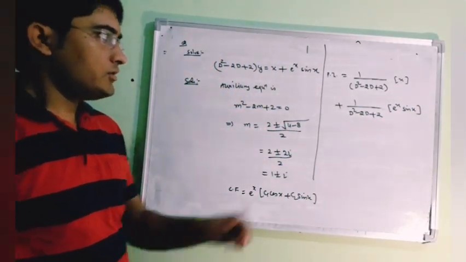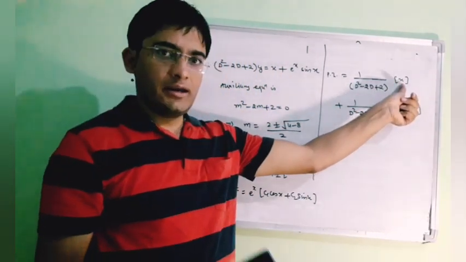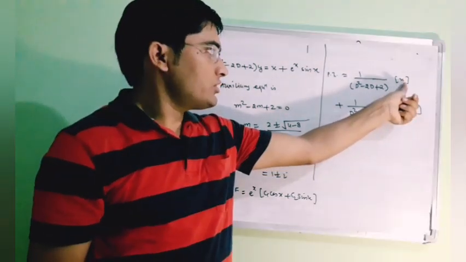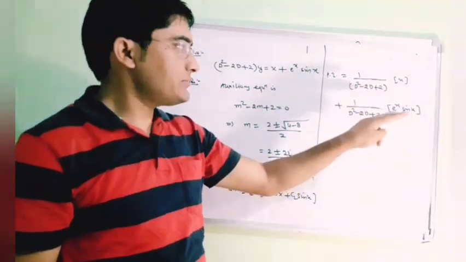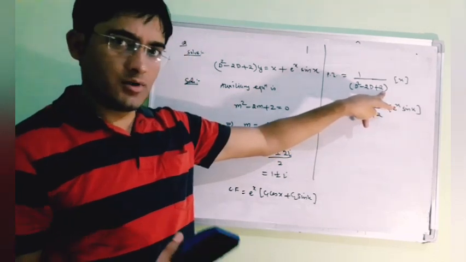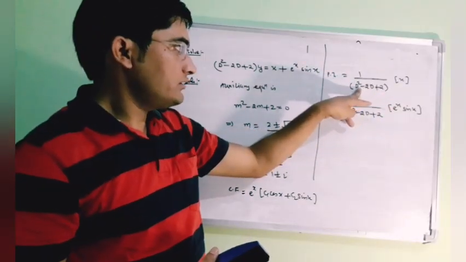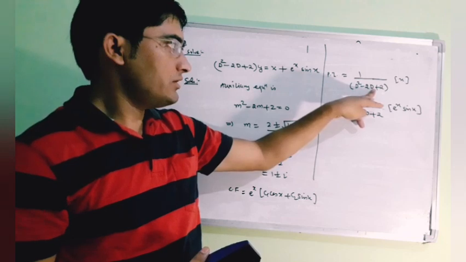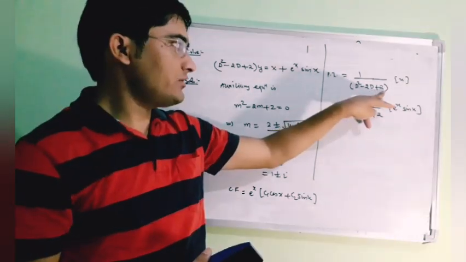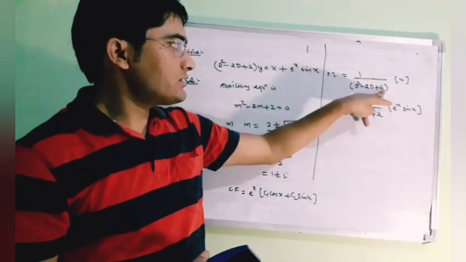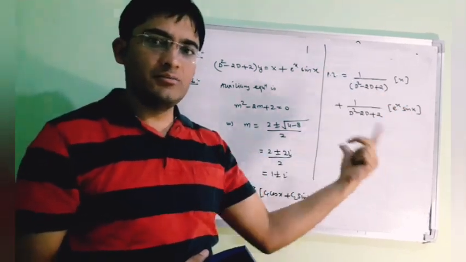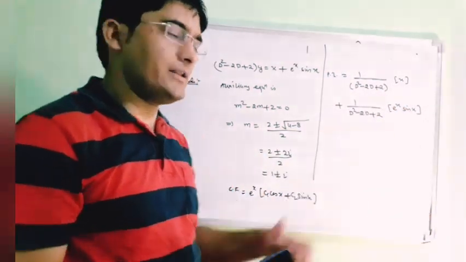Now for the first part, as our operator is an algebraic term, here we will use the binomial expansion, and for that we will take the lowest power of D as common. Here the degree of D is 2, here degree of D is 1, and here we have the constant term. So we will take this 2 common so that it can be written as 1 plus x power minus 1.